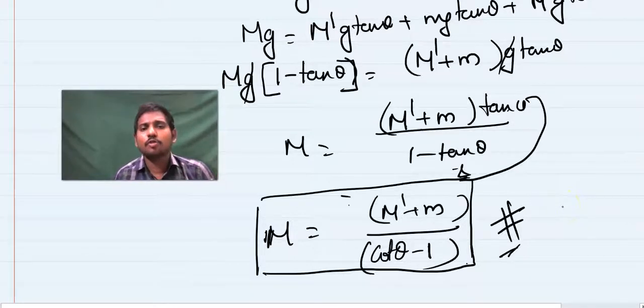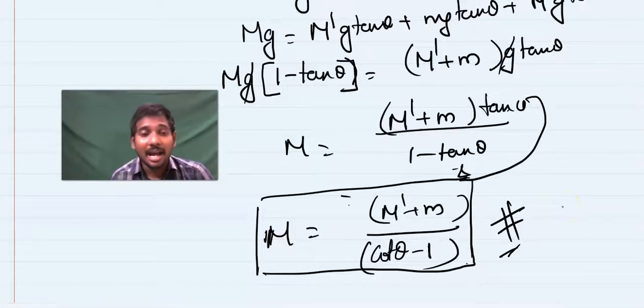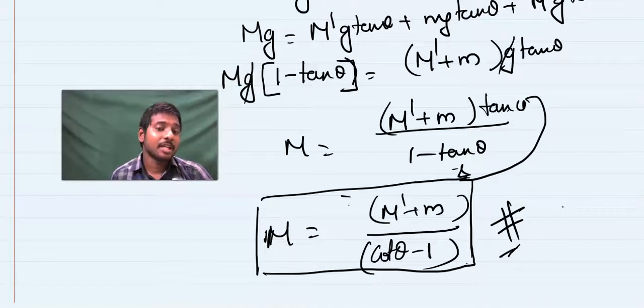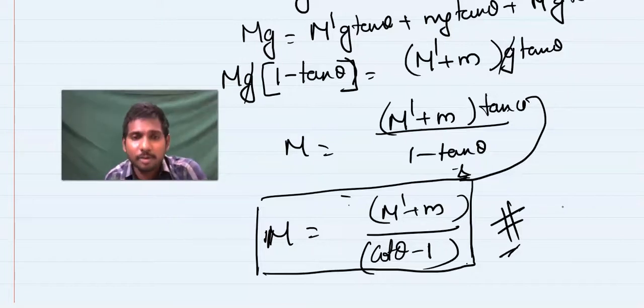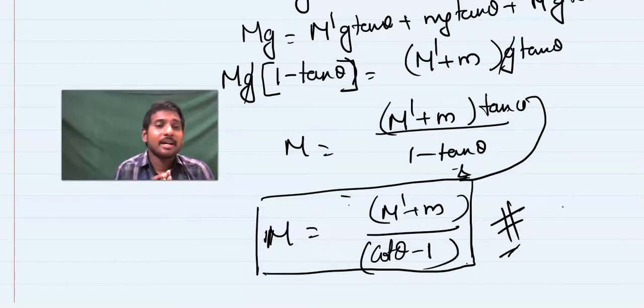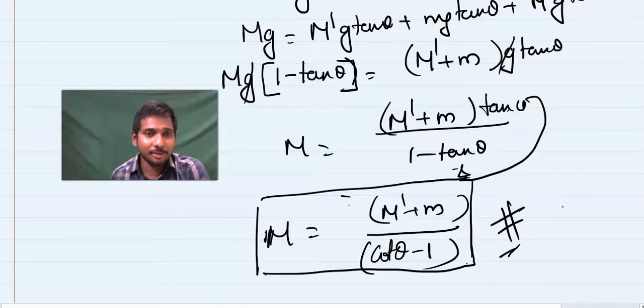If you use these two fundamentals, you can solve the problems. Circular motion is such a topic wherein you find the application of pseudo force and you can solve a number of problems using that pseudo force. So I hope the pseudo force concept is cleared for you. Thank you.